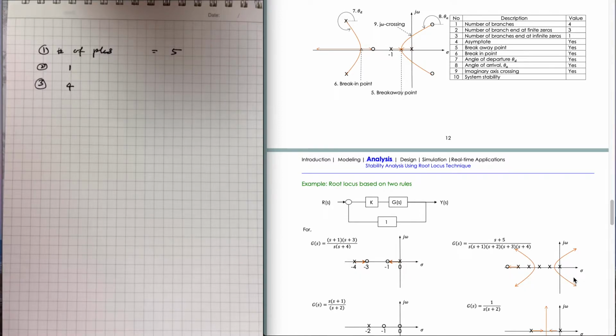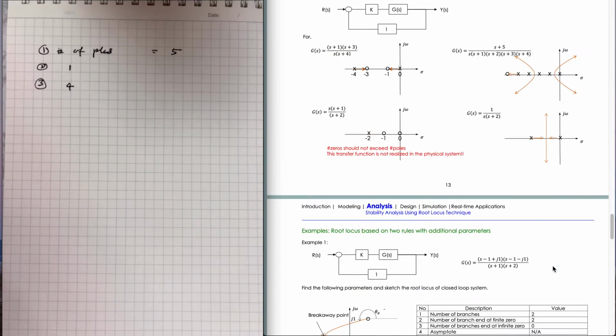Angle of departure, we don't have. Angle of departure only exists if we have complex poles. Angle of arrival only exists if we have a complex zero.